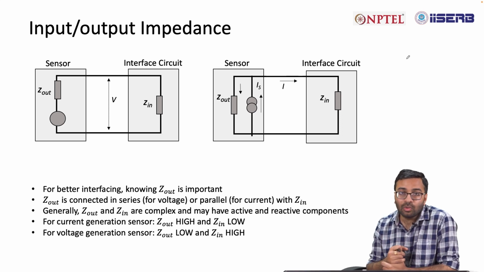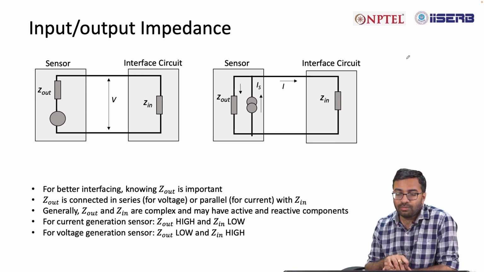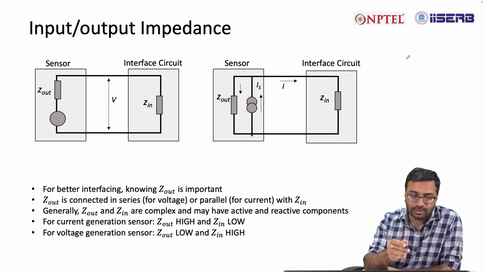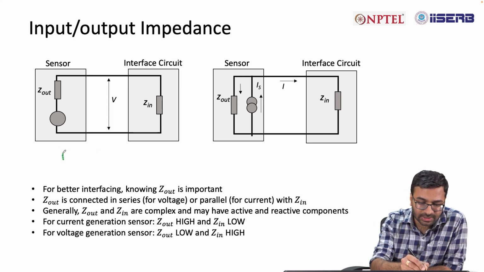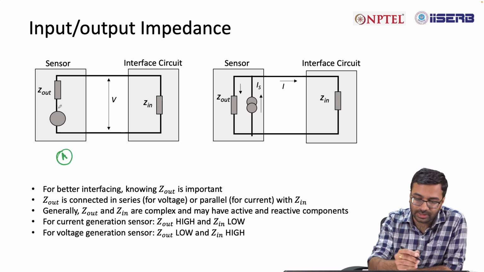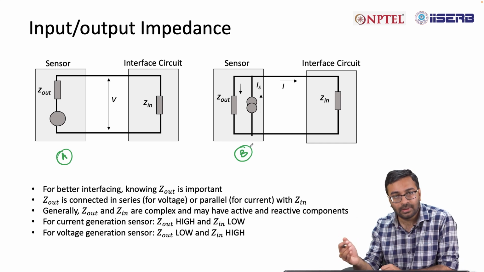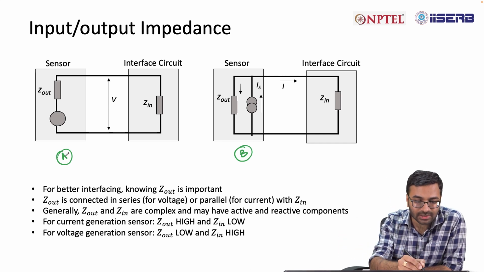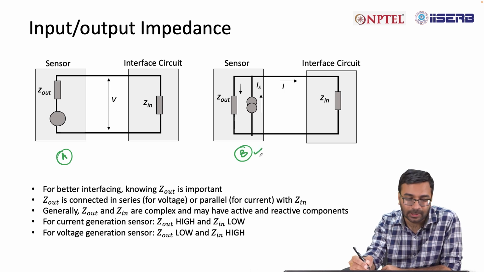At the same time, you also should know what should be your output impedance of a sensor. To give you an example, here we have taken a sensor which generates voltage, and here a sensor that generates current. That means the output of this sensor is voltage, the output of this sensor is current.